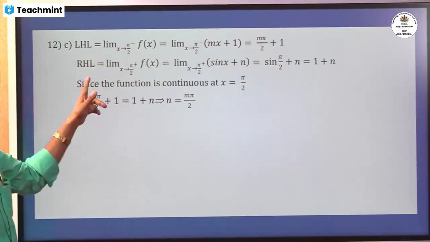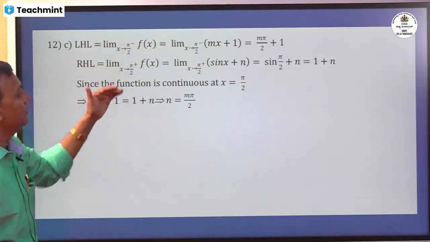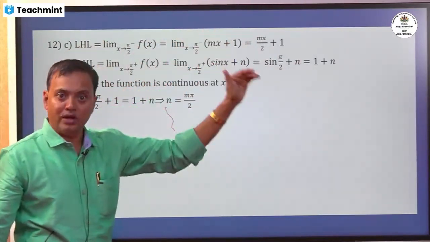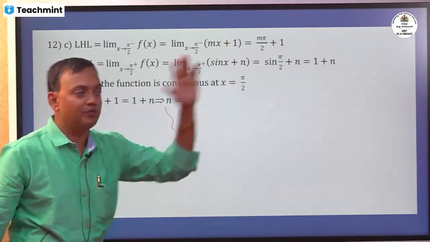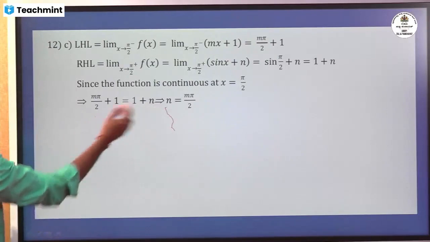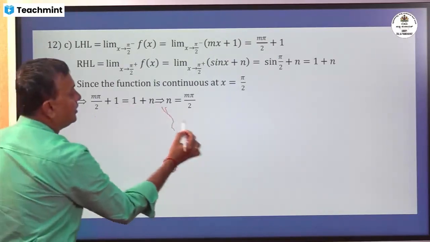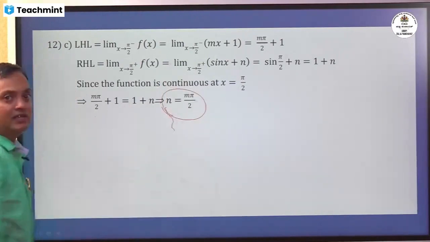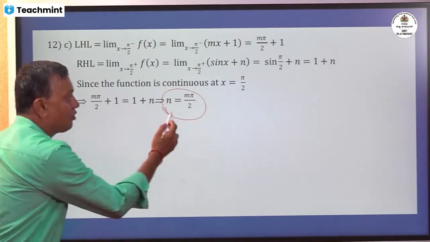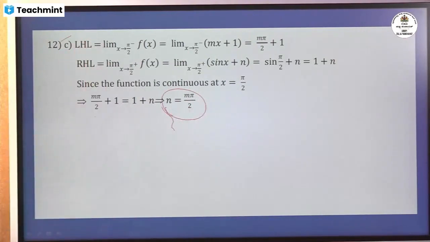Right hand limit is 1 plus n. For continuity, left hand limit equals right hand limit equals the value of the function. Here also the value of the function is this. Equate them, the 1 will be cancelled. So we get one relation between m and n: n equal to m pi by 2. Answer is C.